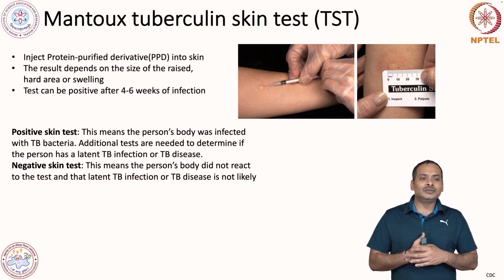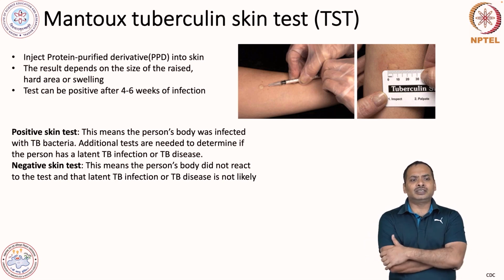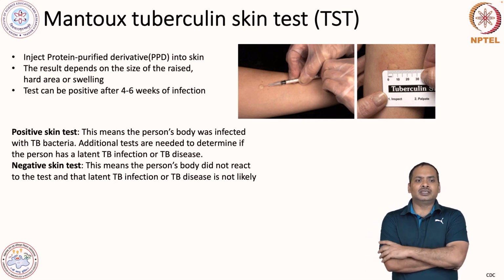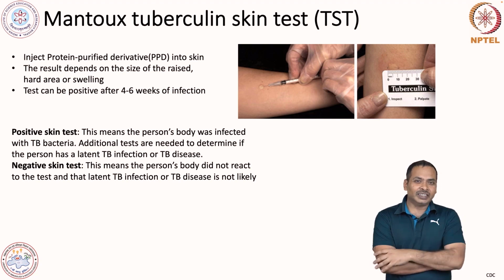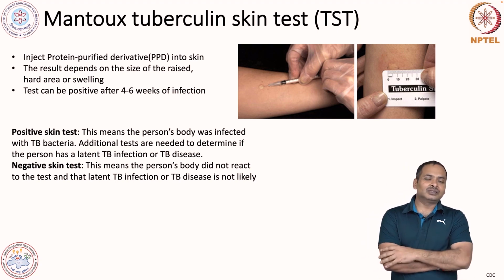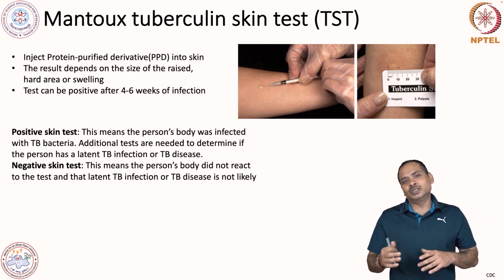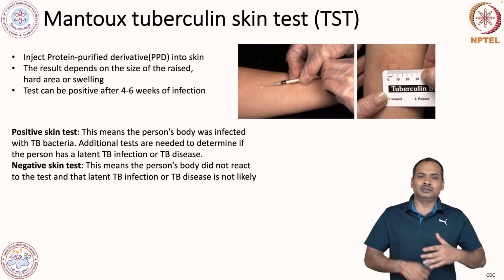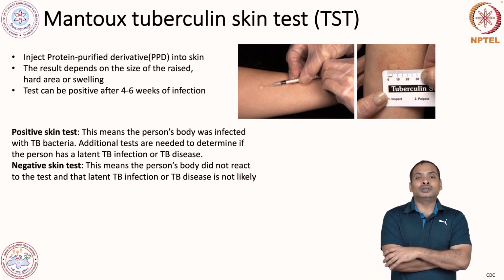A negative skin test means the person's body did not react to the test, and latent tuberculosis infection or TB disease is not likely. If it is negative, then we can say that TB is not there. A negative result is relatively clear, but a positive result is not quite clear. So, in order to find Mycobacterium tuberculosis in the sample, there is a test.